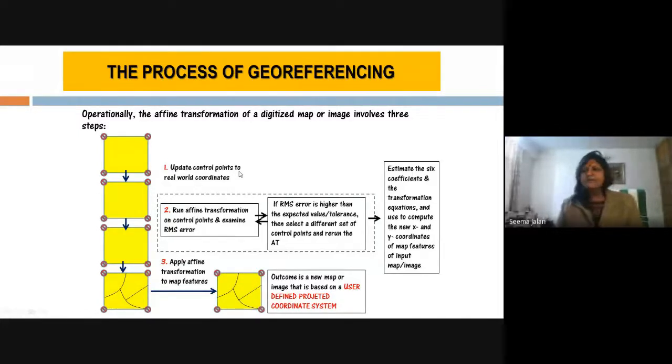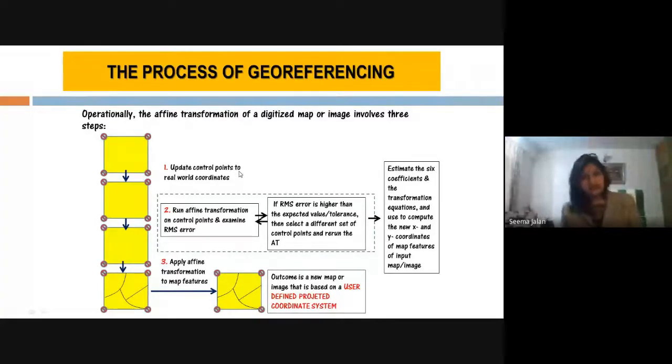At times it is not possible to go to those places. Then you try to find some already georeferenced map of that area, and you can take the control points from that map. Try to take a high resolution satellite image, already georeferenced, which already has the map coordinate information, and then you can take the control points from there.